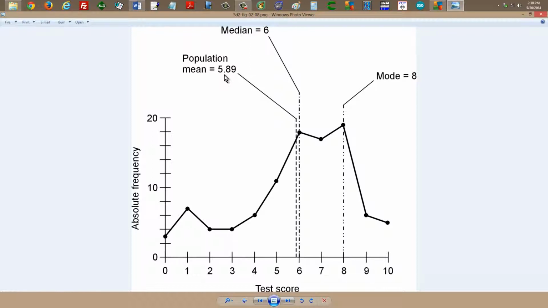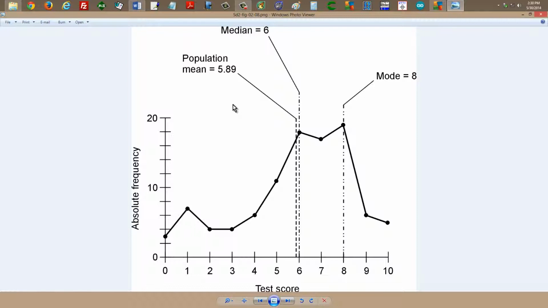Now that turns out to be 5.89. Mean simply means average. In this case, the arithmetic mean, or what you normally think of as the average. That is not a whole number. So you can't say that the average student got 5.89 questions correct. You might say that the average student got approximately, or got 6 answers right, and be pretty close for all intents and purposes.